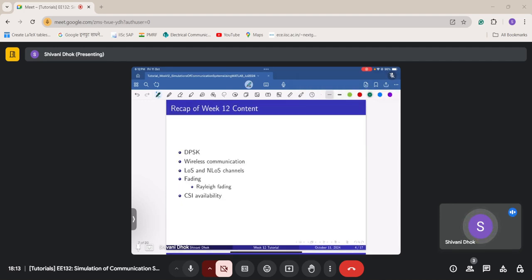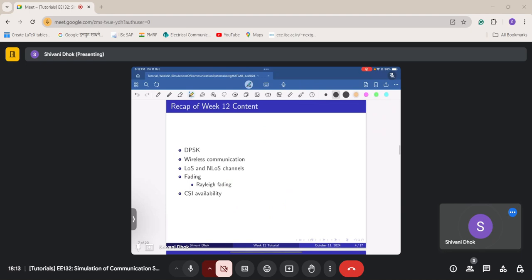Then we have CSI availability. We had seen different types of modulation, demodulation and decoding techniques earlier. One was coherent detection. For coherent detection, you need CSI at the receiver.